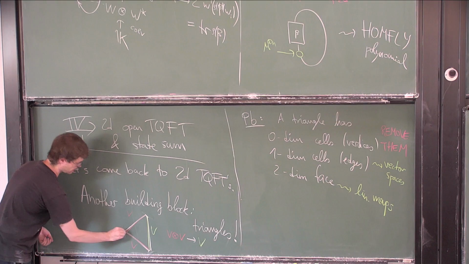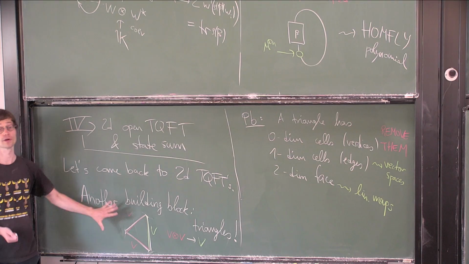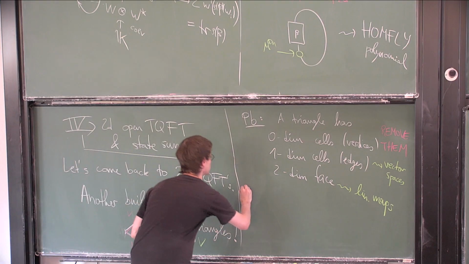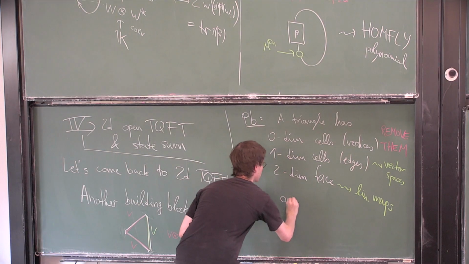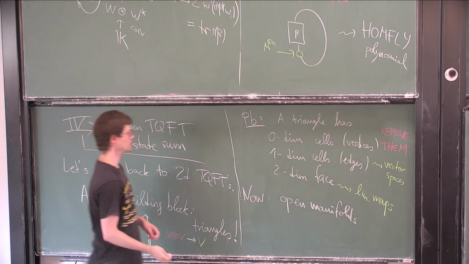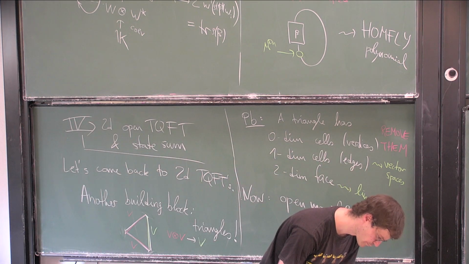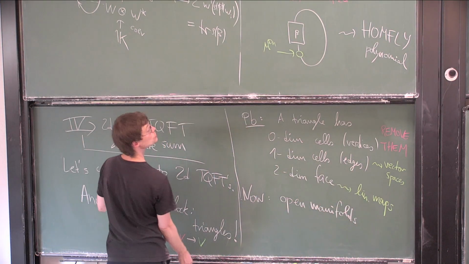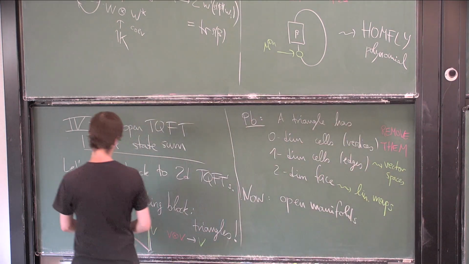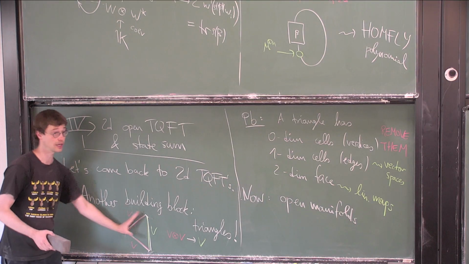So it means in particular that we are not working with closed manifolds anymore. We have now open manifolds. That's why it's called an open TQFT. Of course, we can have the same kind of discussion as earlier, like how do we distinguish incoming and outgoing edges?